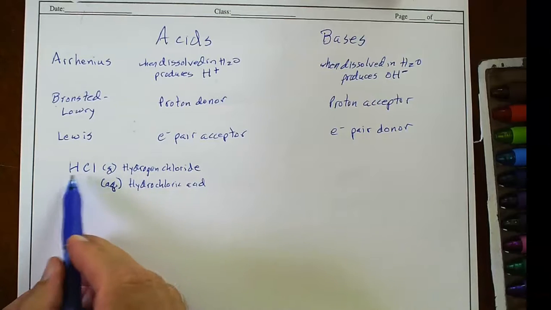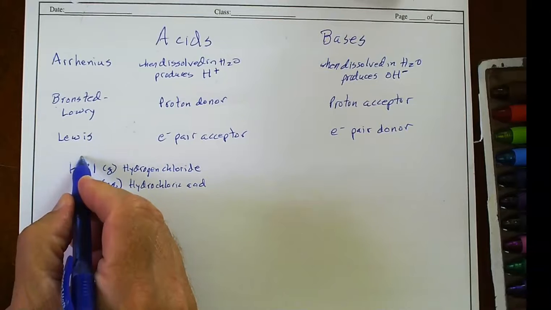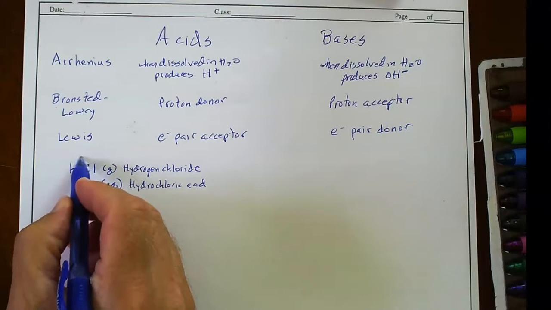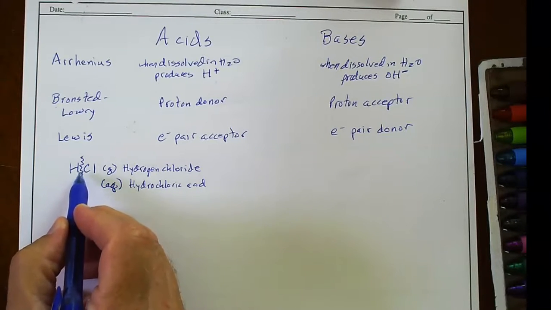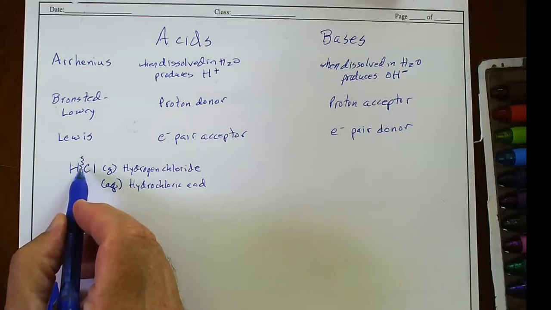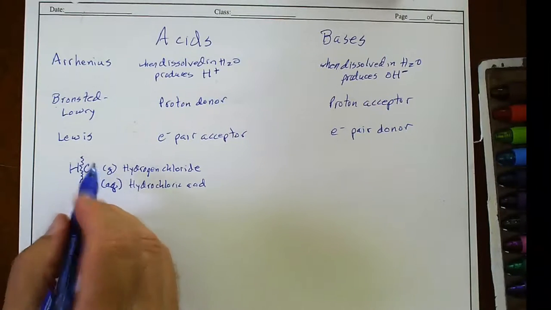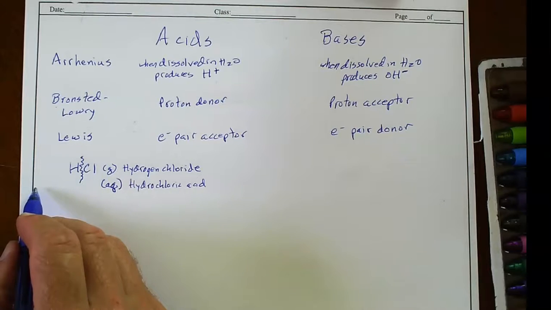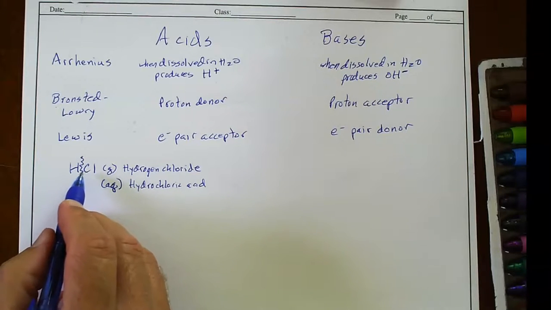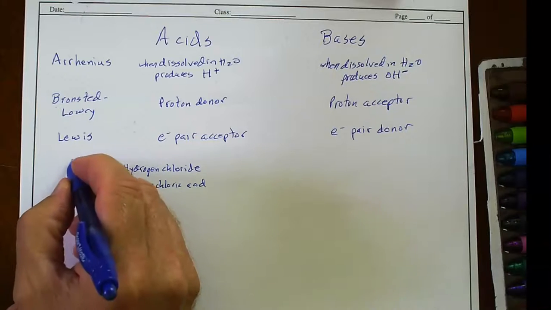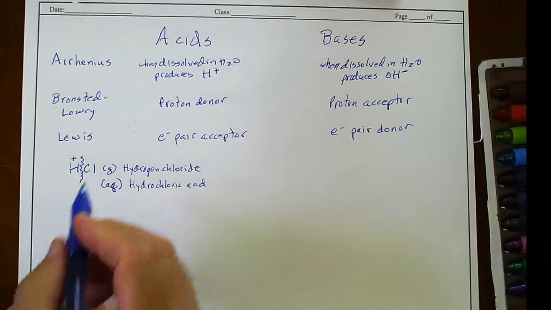Now, what this will do in water is it will separate the pair of electrons that was being shared between the hydrogen and the chlorine. The hydrogen's going to turn to chlorine and say, look, I'm leaving, you keep my electron. So when hydrogen separates from chlorine and leaves its one and only electron behind, the hydrogen becomes positively charged.